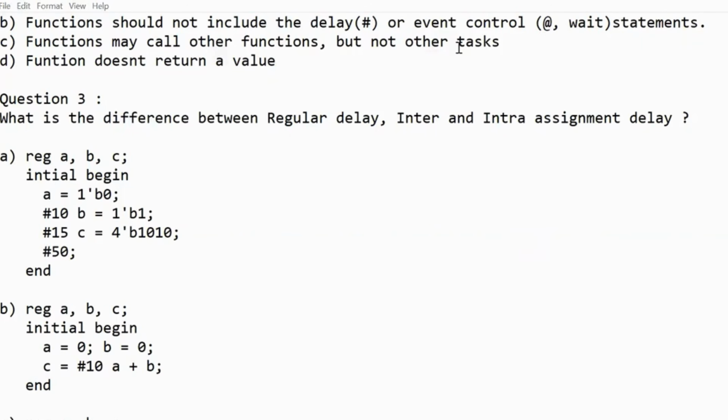Regular delay executes before simulation. Next, intra assignment delay after execution. Okay.